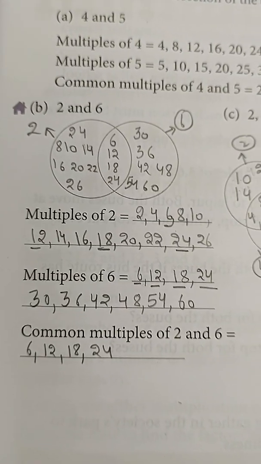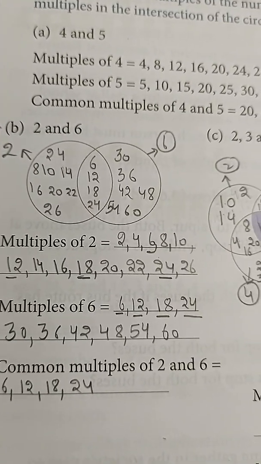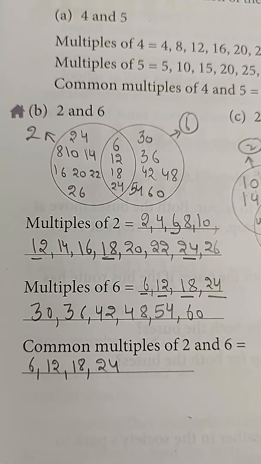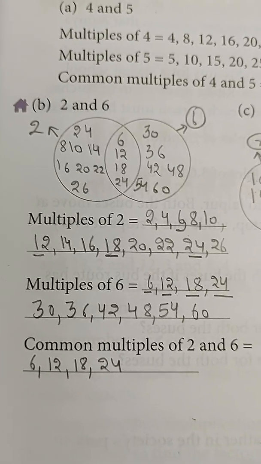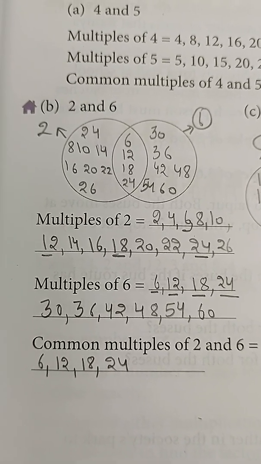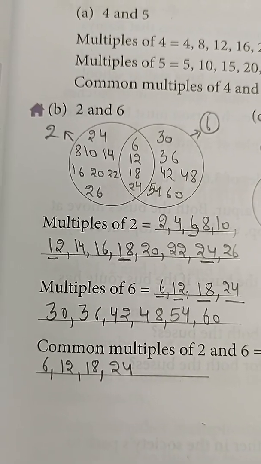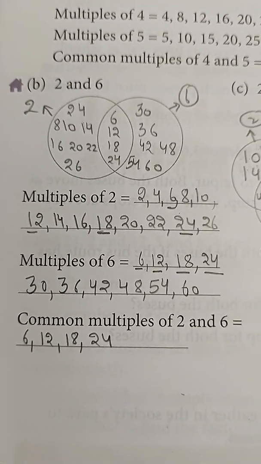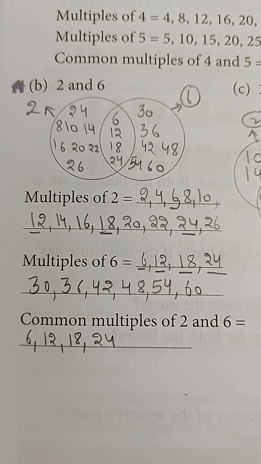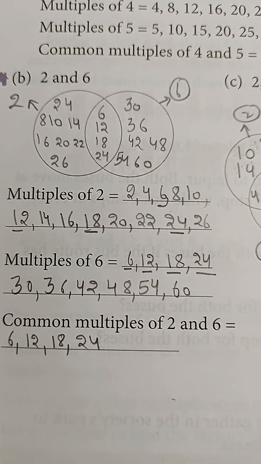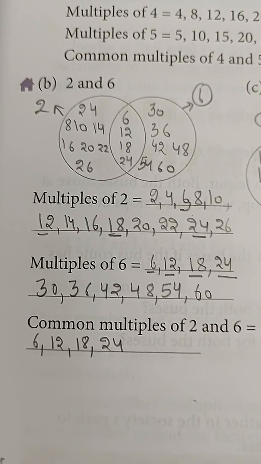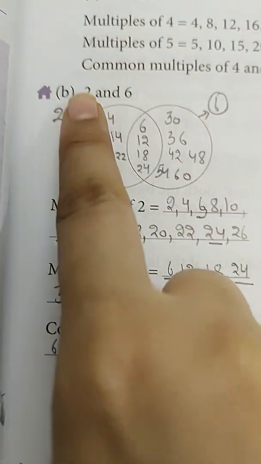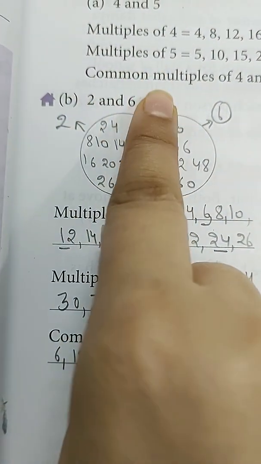And yesterday we discussed this thing, that multiples are never ending, multiples are infinite. Okay, multiples cannot end, there will be many multiples. There is no counting of multiples. Like you have natural numbers, which do not end, similarly multiples do not end. Okay, so I have written multiples of 2 and 6. We have to find out the common multiples of 2 and 6.